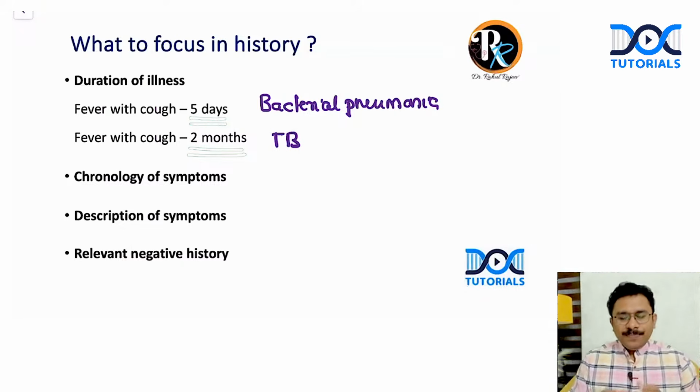Okay. Now, if you consider a case of, say, a suppurative lung disease, what are the two important suppurative lung diseases that you actually know about? The bronchiectasis and lung abscess. These two are the important suppurative lung diseases.